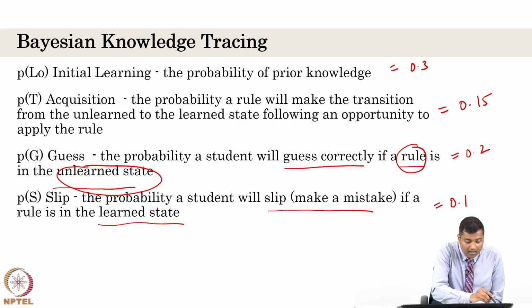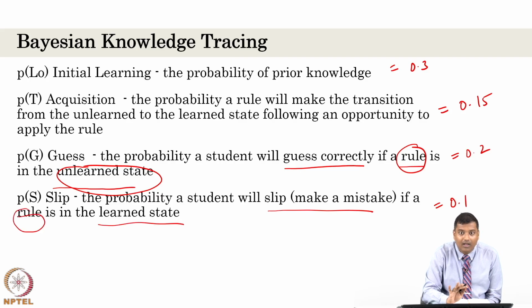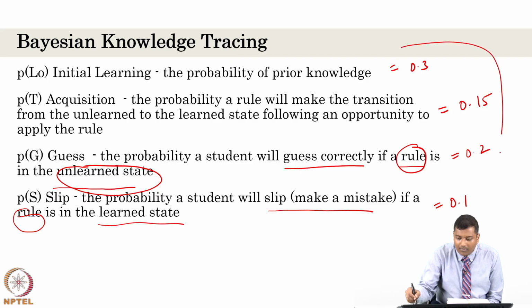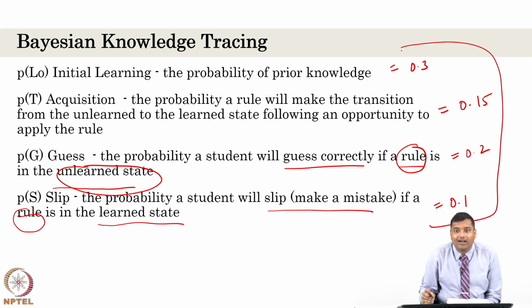If a rule is in a learned state, the student knows the answer, but yet they made a mistake. That is my slip probability. These numbers are to be assigned by the developer, and we're going to see how these different numbers change the learning trajectory of a particular student.